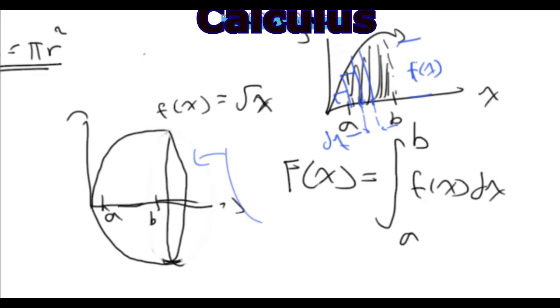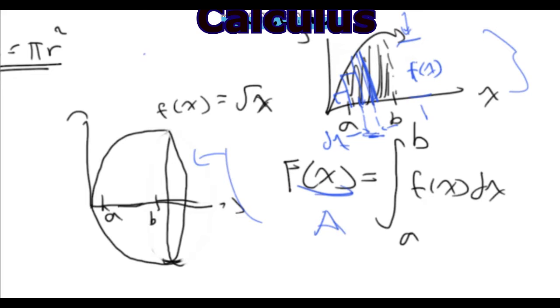Now note that in this particular theorem, this length from here to here is f of x, and this width from here to here is our dx. If we multiply the f of x and the dx, we obtain an area under the curve, which is what this definite integral looks like, the big F of x, the area under the curve.